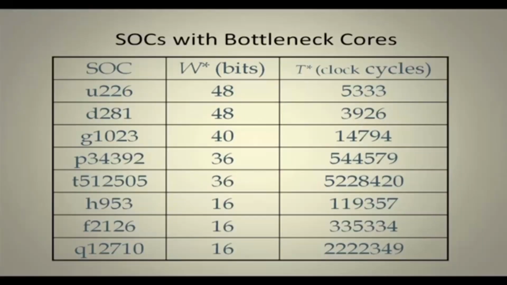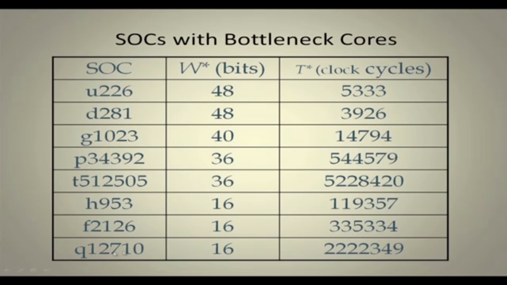These are some bottleneck cases, like say U226. These SOCs are all from the ITC 02 benchmark suite that we are talking about. U226 has a bottleneck at 48 bits. Even if you increase its TAM width beyond 48, the test time cannot be reduced, and it remains at 5333. Similarly, D281 remains at 3926.